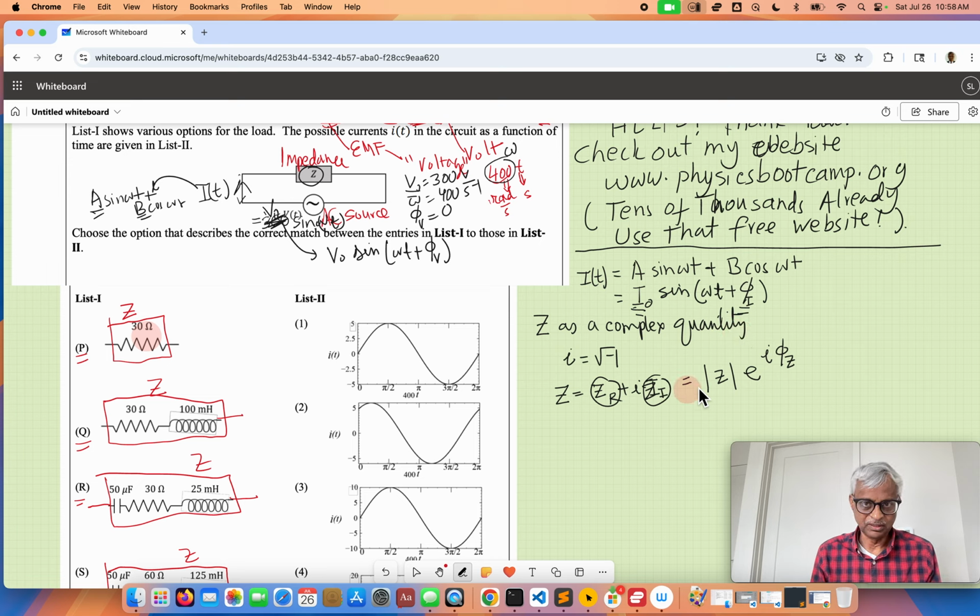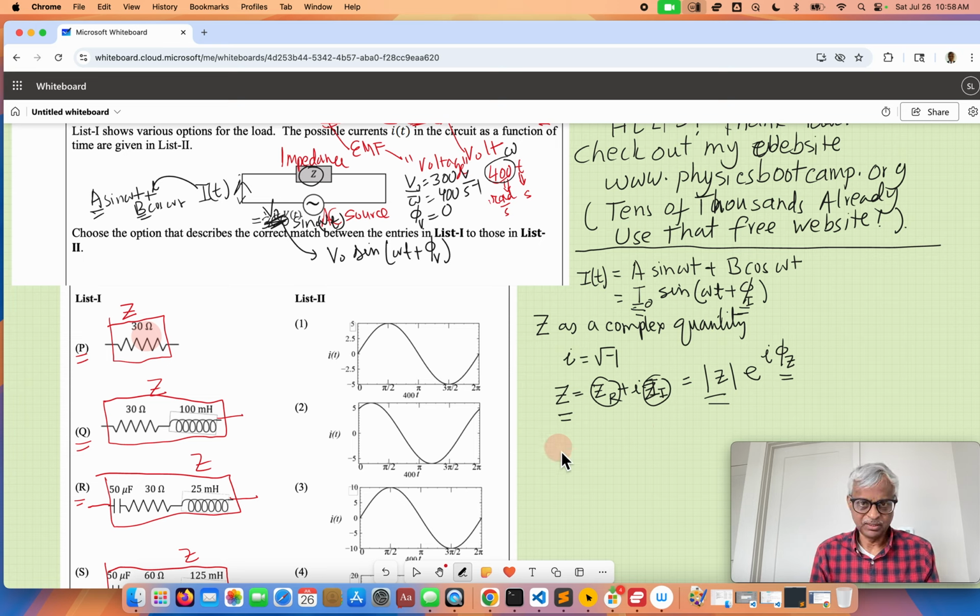So if I give you a complex quantity and I want to get just the phase, you can write it like that and you can get the phase.